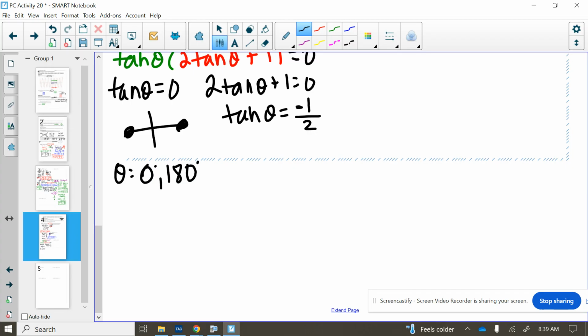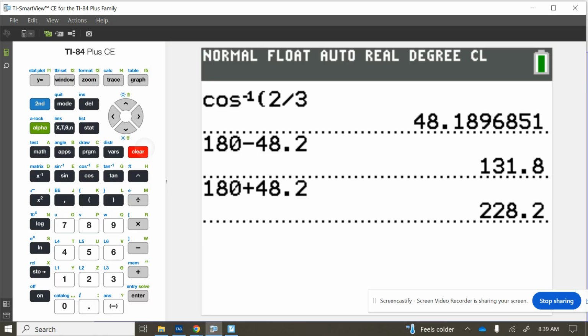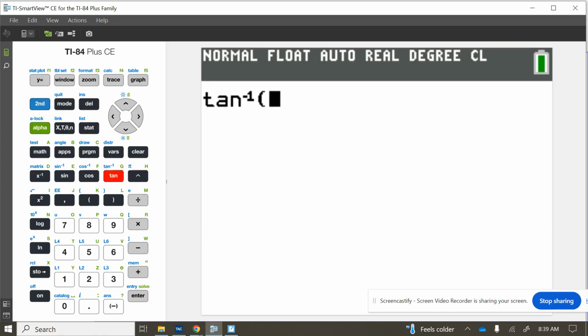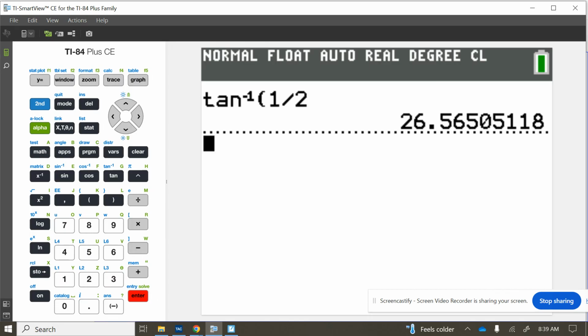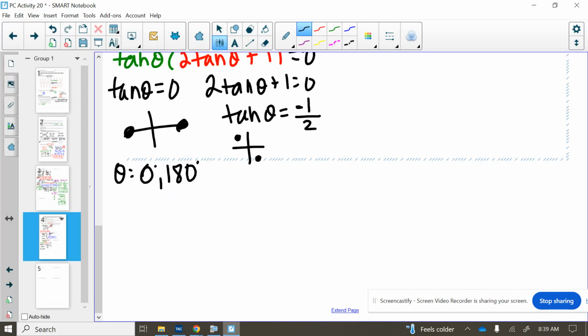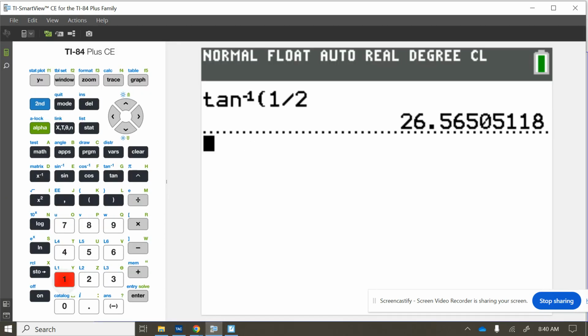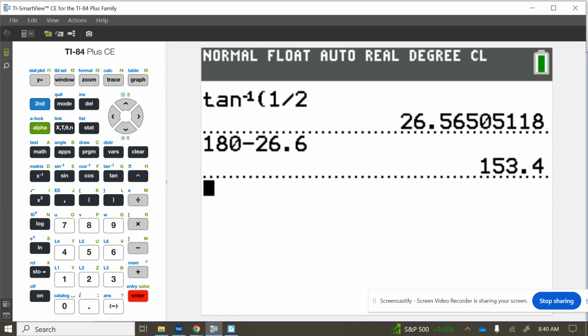Tangent equaling negative 1/2, though, is going to happen in quadrants 2 and 4. And tangent equaling negative 1/2 is not a value from the unit circle. So again, I'm going to use my reference angle. So we have 26.6. That's the quadrant 1 value. And then I'm going to take that 26.6 and to find the quadrant 2 value, I'm going to take 180 minus that.